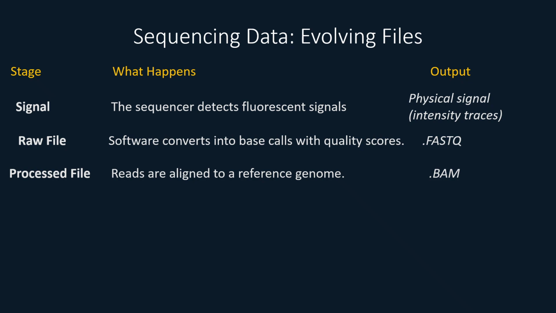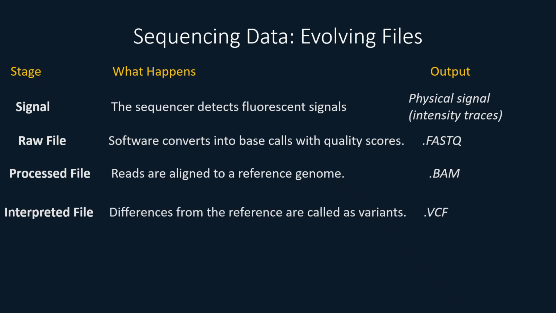reference bias. For example, structural variants or population-specific alleles may be missed if they are absent from the reference genome. Finally, variant calling produces a VCF file, but it is driven by thresholds, like depth and quality.